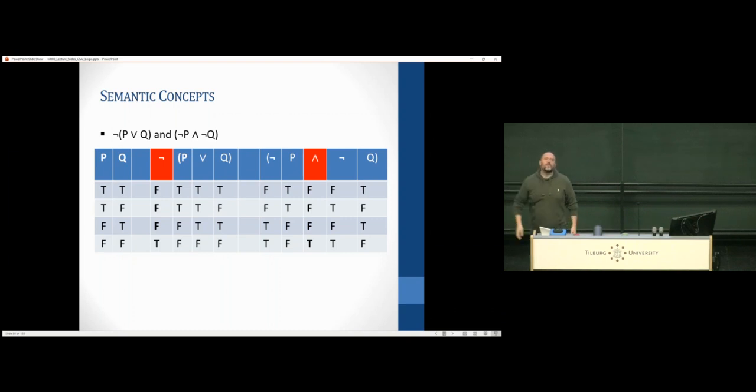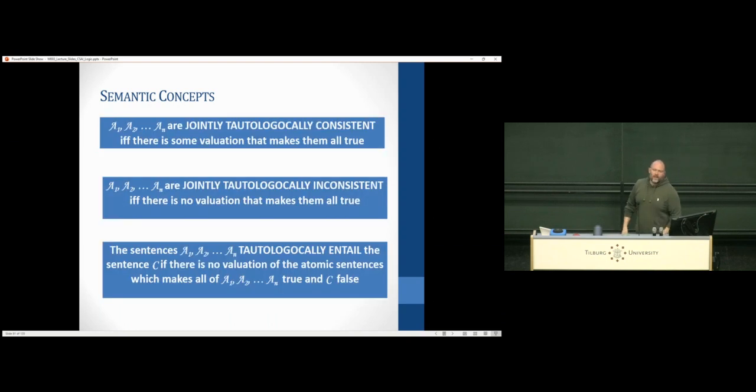That's what it means to be jointly tautologically consistent. It's possible to turn them all on. Make them all true together. Again, joint tautological consistency, there's at least one valuation where they're all true. Joint tautological inconsistency, there ain't no valuation where they're all true. We're going to do some exercises with these during the homework, but it's useful to hear them.